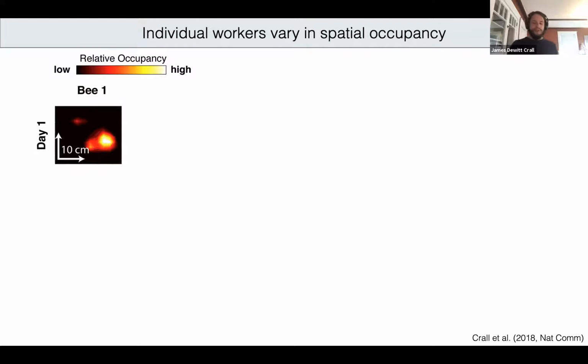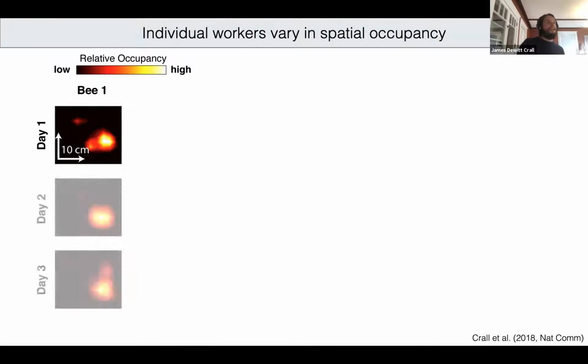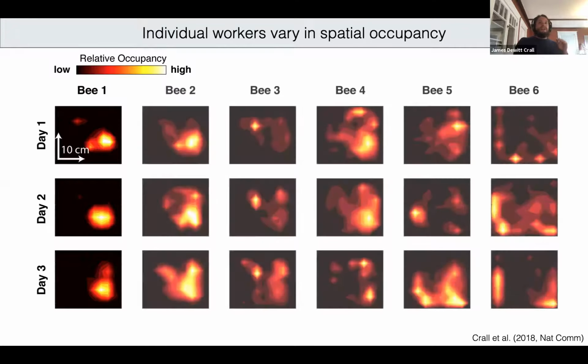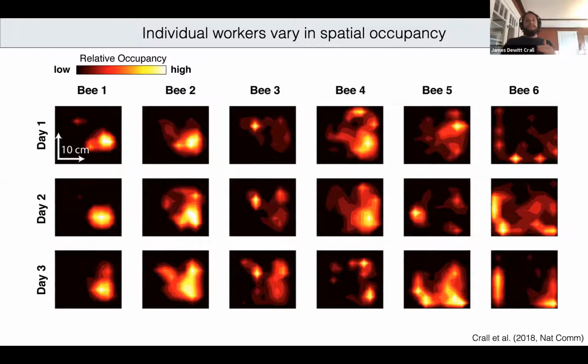This is associated with where the developing brood, the developing young, are within the colony. And we can see that bee's spatial pattern is pretty consistent across days, right? If we look at that same pattern across individuals, we see lots of variation in where bees spend time that is very stable across days.